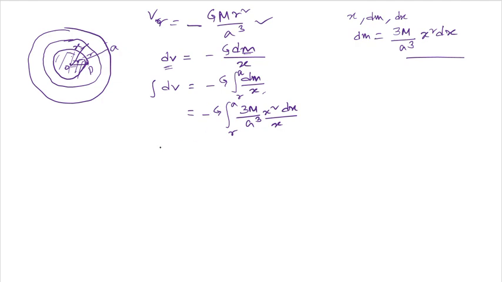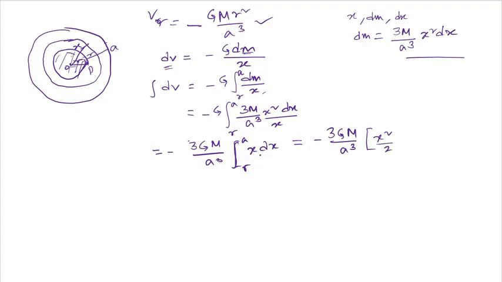Now we can write it out. I take all the constants out: 3 is constant, M is constant, a cubed is constant. So minus 3GM by a cubed, integral from r to a of x dx. The integration of x is x squared by 2, from r to a.